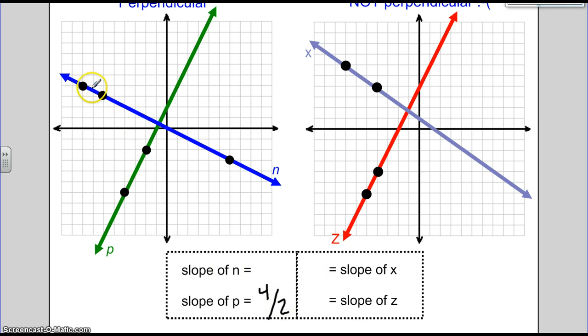The slope here is down 1 and over 2. 4 halves reduces to 2 over 1, and then the other slope is -1/2. They're related somehow. The 2 over 1 is now 1 over 2, and it was positive, and now it's negative.